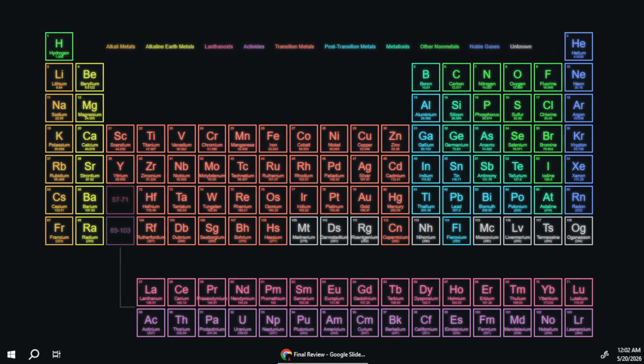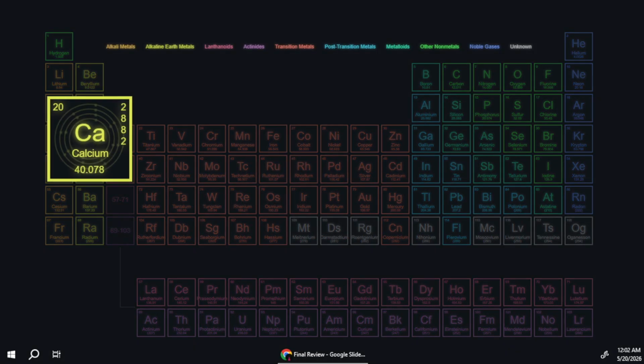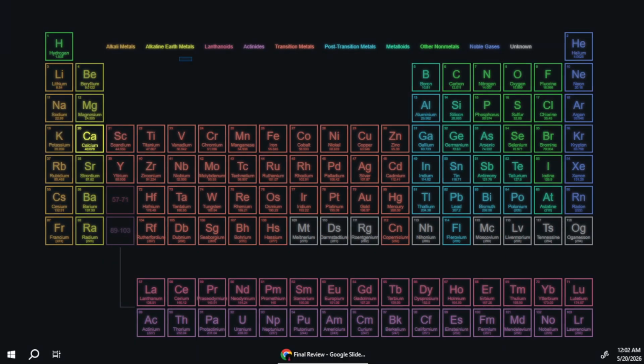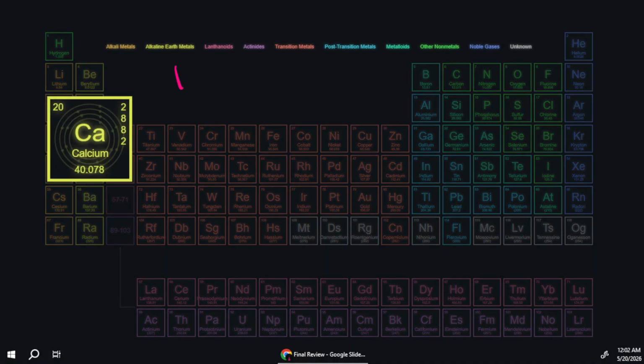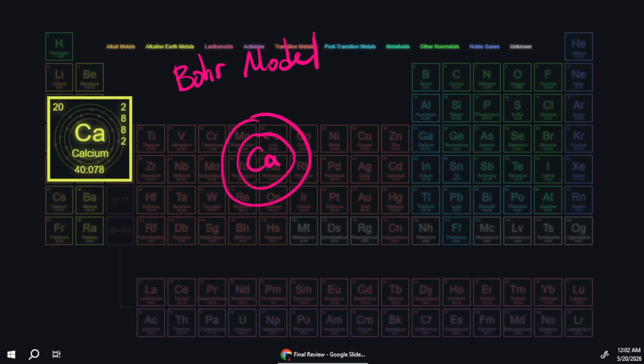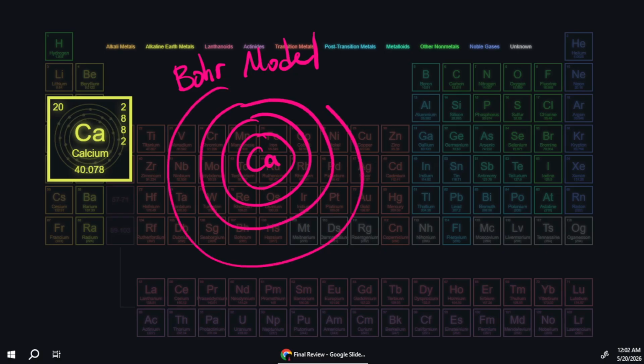So let's say if I ask you to quickly draw calcium, you can either use the Bohr model, which is the ring. We got Ca with 1 circle, 2 circle, 3 circle, and 4 circle, because it has 4 energy levels, okay? And then on the outside, we only really care about the outside electrons.